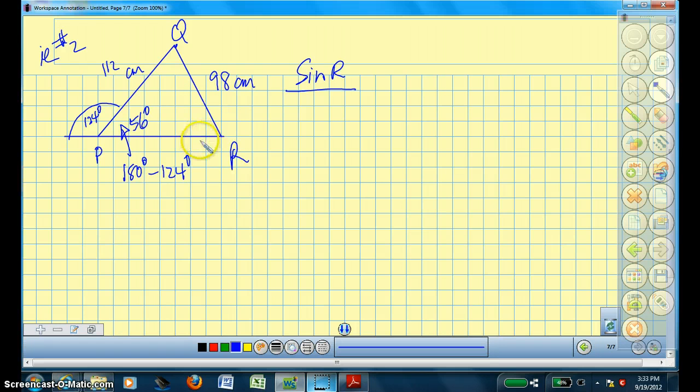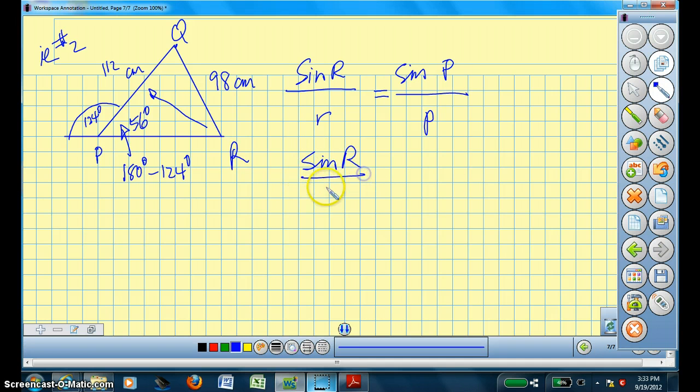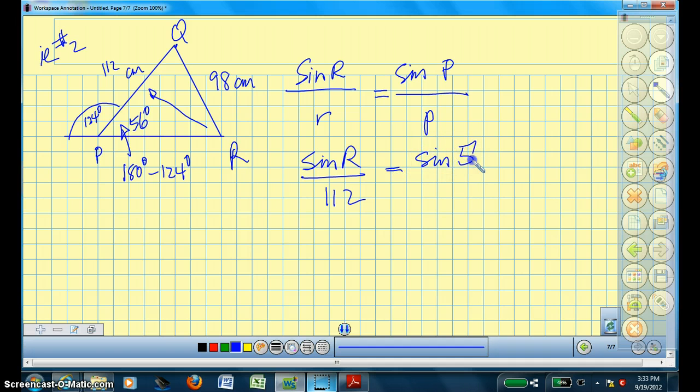So the sine of r, and this side's opposite, so divided by the side length of little r, which is 112, is equal to the sine of p divided by little p, and let me be consistent and we'll make this little r. So that means the sine of r divided by 112 is equal to the sine of 56 divided by 98.